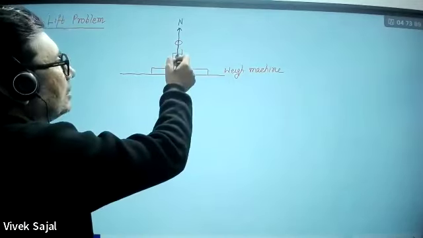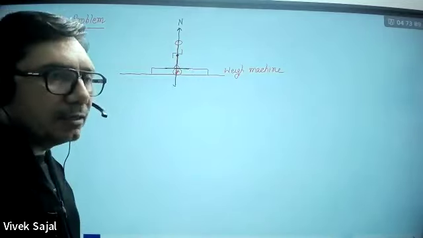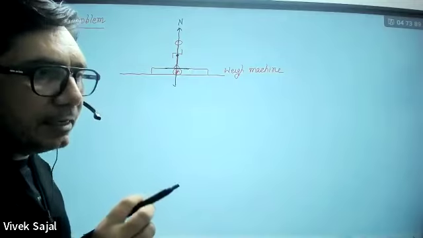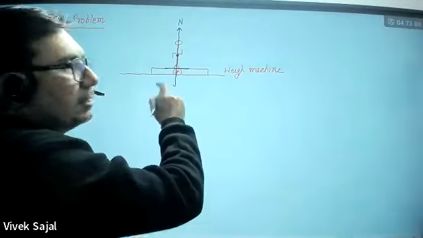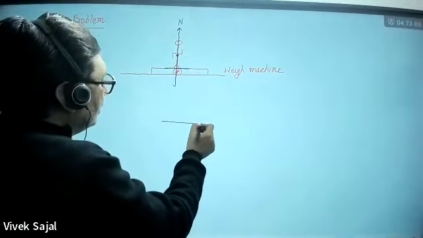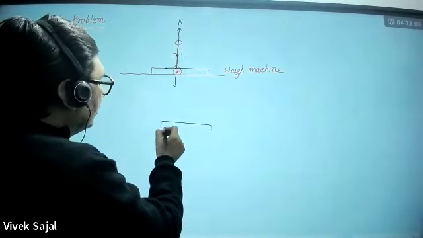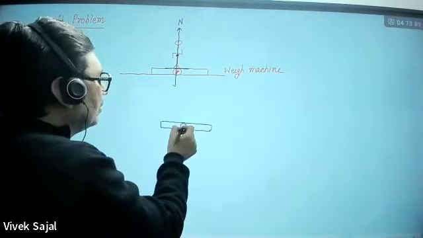Now, this person is going to apply a normal reaction on it. The person who is standing on it is going to exert a normal reaction on this. So try to understand how this weighing machine is going to observe this person.